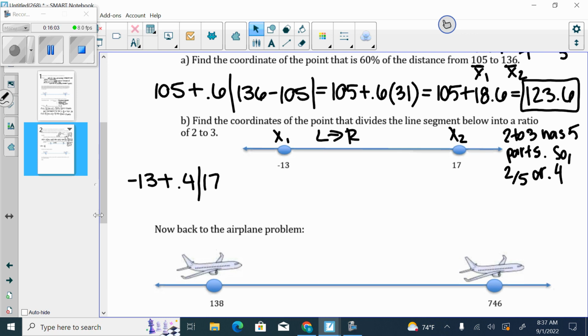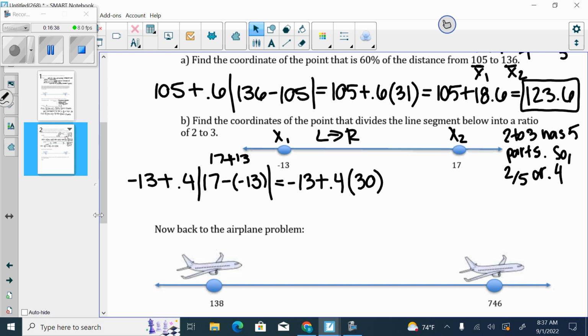So I'm going to have 17 minus negative 13, right? Well, we know that two negatives there really are going to make it positive. So really inside of here we got 17 plus 13, which is going to be 30. So we got negative 13 plus 0.4 times the absolute value of 30, which is just 30.